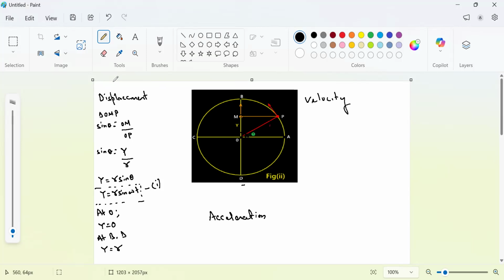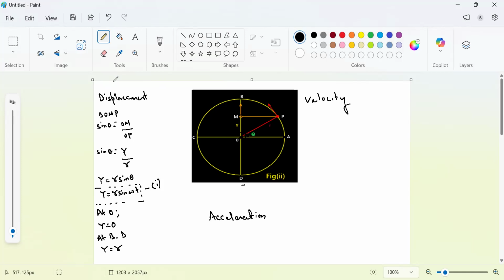So at extreme positions B or D, the displacement is equal to the amplitude, the maximum displacement, which is equal to the radius of the circular path traveled by this particle P. Let's understand what this means here.